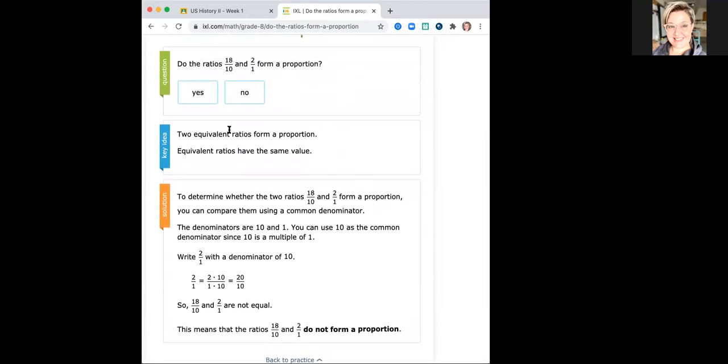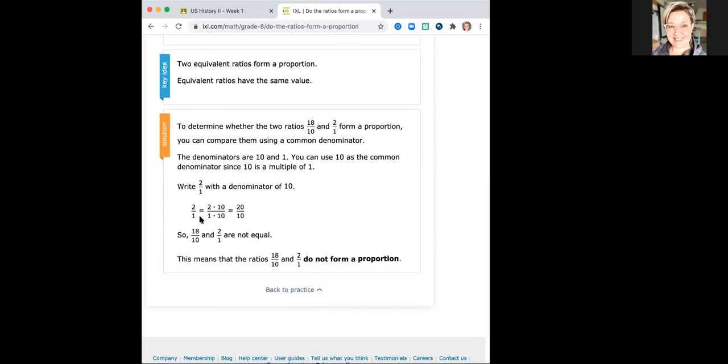Since 1 is one of them, it's very easy to get a common denominator. So we can just multiply 1 times 10, and then we can multiply 2 times 10. So here that is written out right here. In order to get to the common denominator of 10, we're going to multiply 1 times 10, and we're going to multiply 2 times 10, which equals 20 over 10.